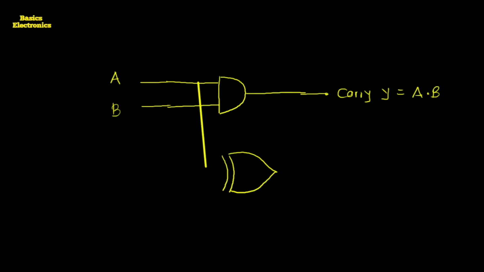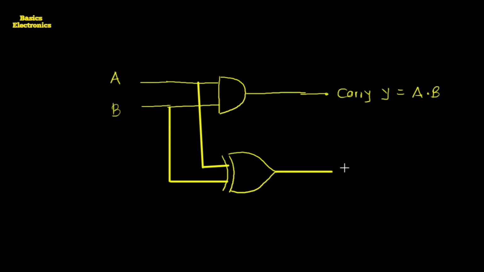So here is the first input A, and the second input is the B input, and here is the output of the XOR gate.